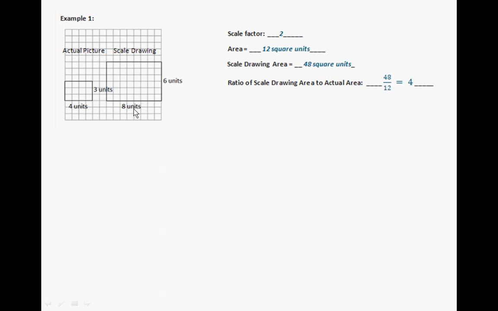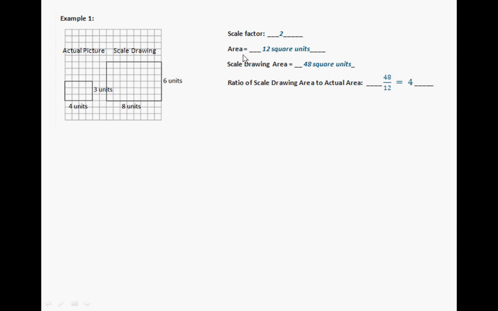So we would set this up comparing 8 units to 4 units, which when we reduce this, is a scale factor of 2 over 1. We could even do the other units. 6 units to 3 units is still a scale factor of 2 to 1, which again is just the whole number 2.